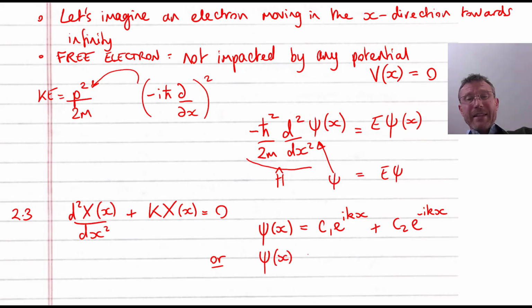So psi of x is also equal to A cosine kx plus B sine kx. So these are generalized solutions.